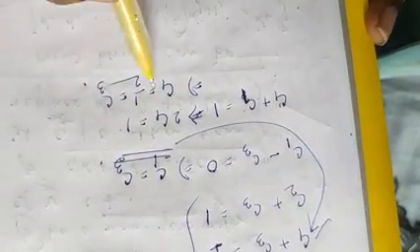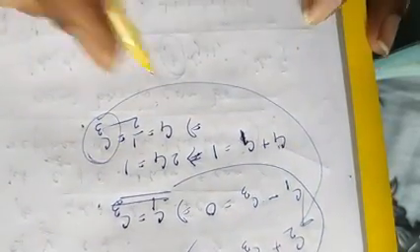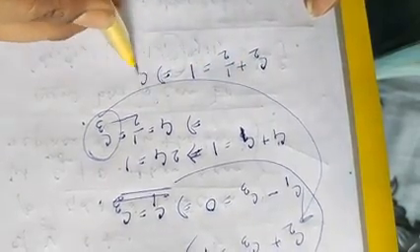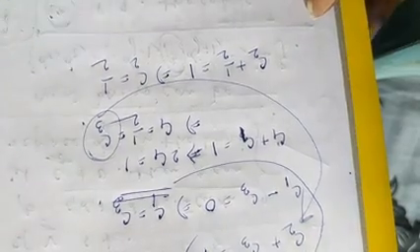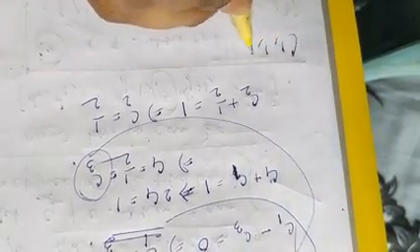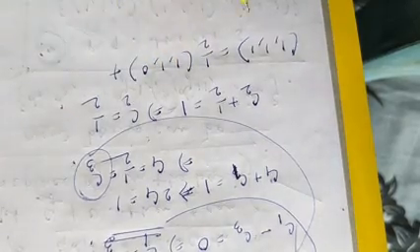Now putting the value of C3 in the third equation, we get C2 plus half equal to 1. That is C2 equal to half. So the constants have the value half, half, half. So we can write 111 equals half into 110 plus half into 101 plus half into 011.